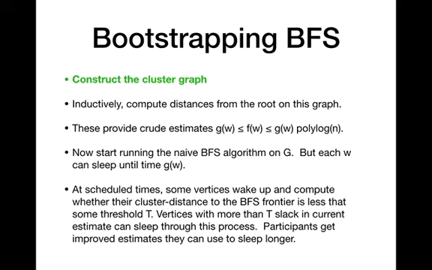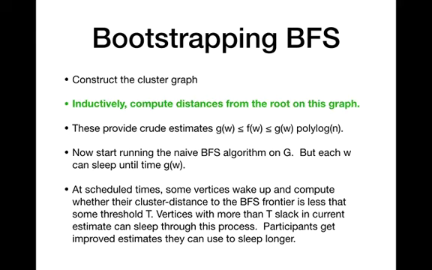Okay, so what do we do? The idea is that we want to bootstrap the breadth first search process. So first we construct the cluster graph, and inductively we compute distances from the root on the cluster graph.